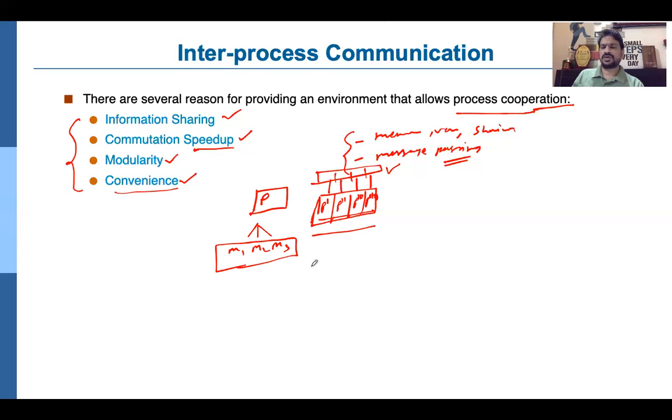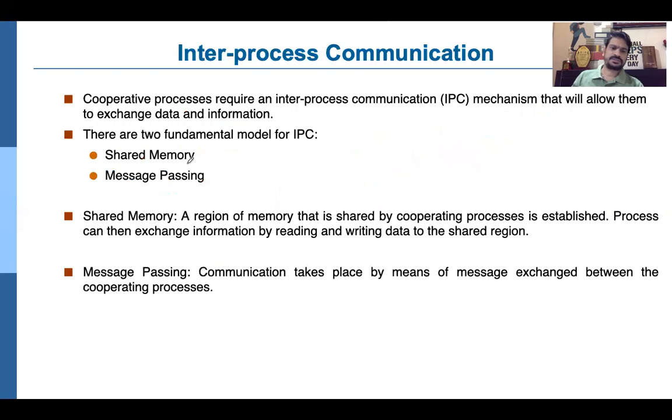Let's say we need cooperative processes, then how will this become a reality? This inter-process communication is possible with different techniques. These two techniques are called the shared memory technique and the message passing technique.